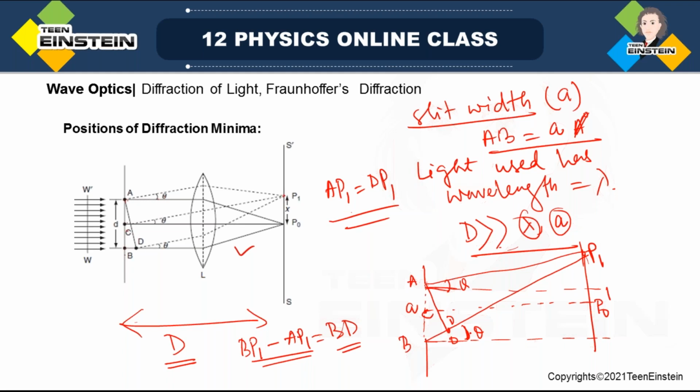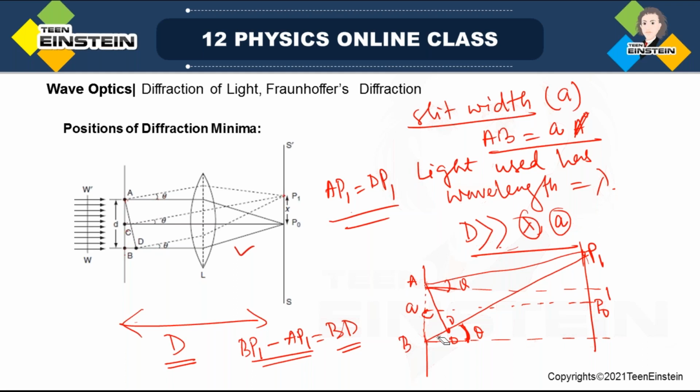Look at this particular position, this angle is theta. And this angle is 90 degrees. I'll remove this and show you. This particular angle is 90 degrees, isn't it? Then what is the angle in this triangle ADB?